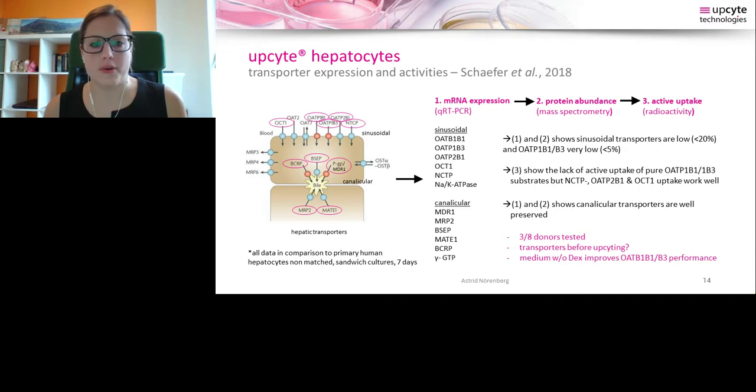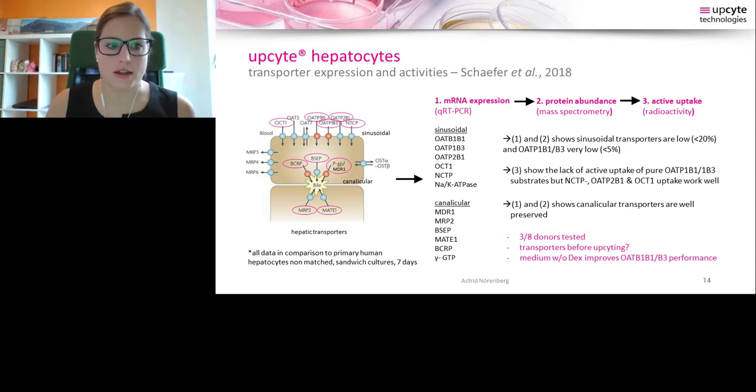They also did some media evaluation. If you take out dexamethasone from the media, it improves the OATP1B1 performance. So there's still a lot to discover and a lot to play around with, the media composition or the culture conditions in general. But that applies to the transporters as well as the metabolism part.